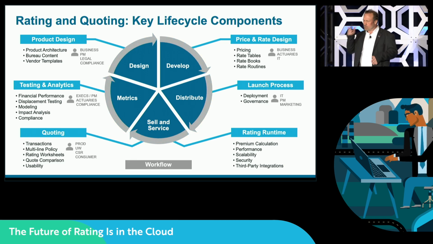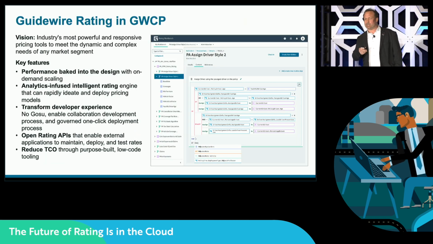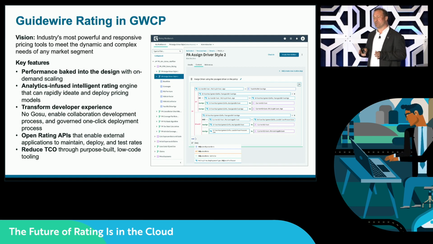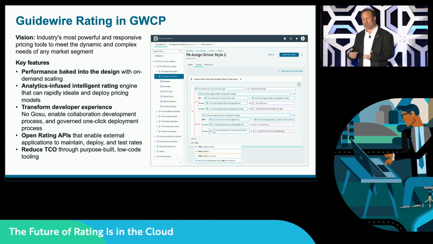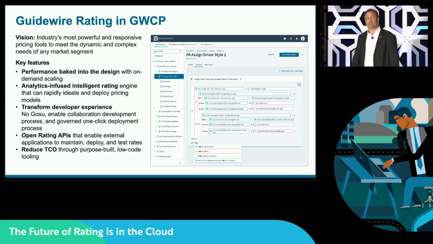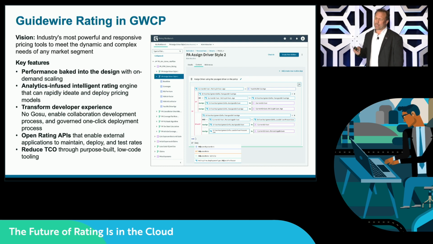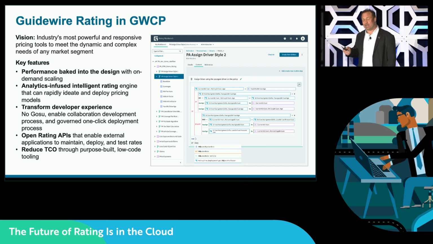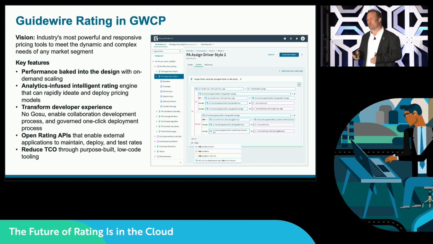So from there, what we did was after taking a look at that, we decided, well, if we're going to develop this new engine, what are the key features that we need to make sure are in the engine? The first and foremost is performance. Anytime we talk about rating, everyone says, is it quick? And when we talk about performance, there's two types.